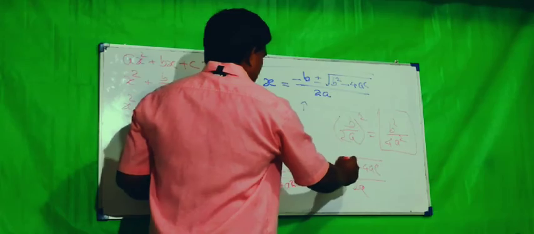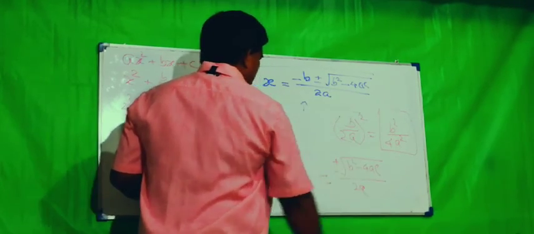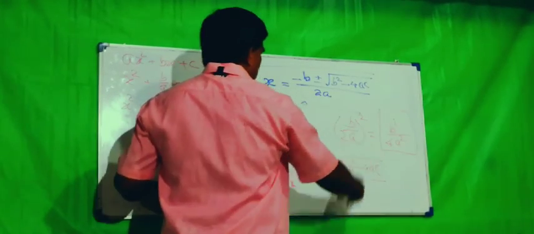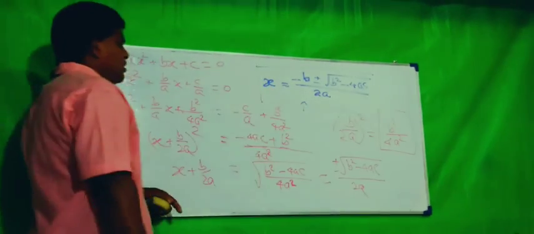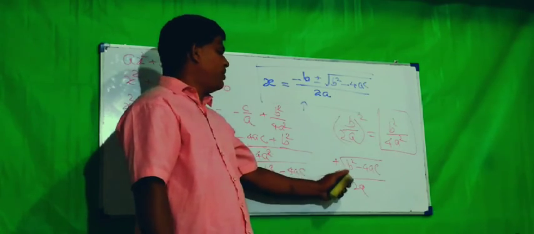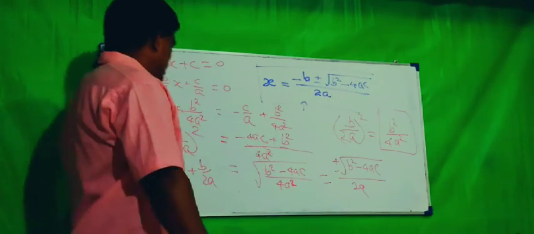Here in the numerator, plus or minus can be put because of the square root. We discussed this portion: the square root of any number is plus or minus.